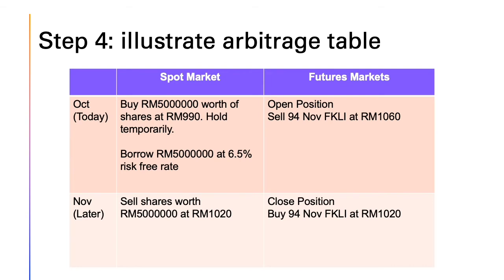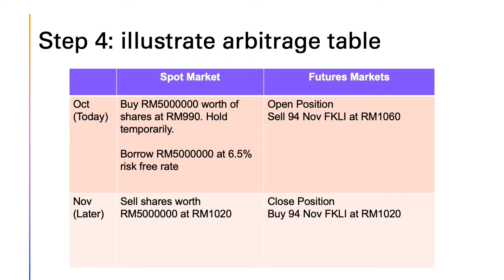You hold that shares temporarily, and then in order to buy 5 million of shares, you need to borrow 5 million ringgit at 6.5% risk-free rate. At the same time, you open position in the futures market. Today, you need to sell 94 November FKLI at price 1060. And then you hold both positions in the spot and futures market.